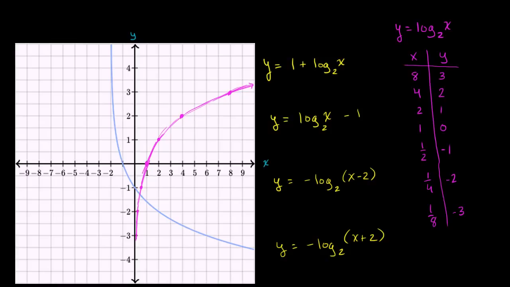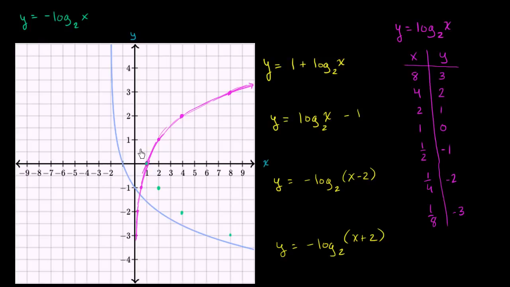So let's actually now graph that. What is y equals negative log base 2 of x going to look like? Well, each of these points, we're just going to flip it over the x-axis. So we're going to go there. We're going to go there. We're going to go there. And then this is going to go through that point right over here.